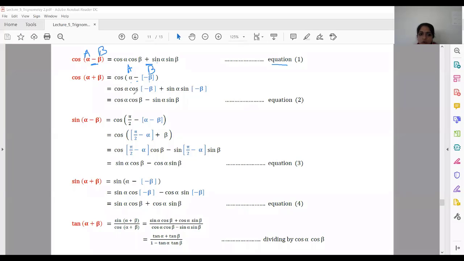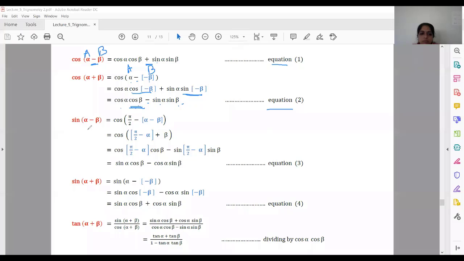And as you all know, cos minus beta is equal to cos beta, and sin minus beta is equal to minus sin beta. So our formula is cos alpha cos beta minus sin alpha sin beta. Again I repeat, cos minus beta is cos beta and sin minus beta is minus sin beta. So this is equation 2. It means it is the second formula.